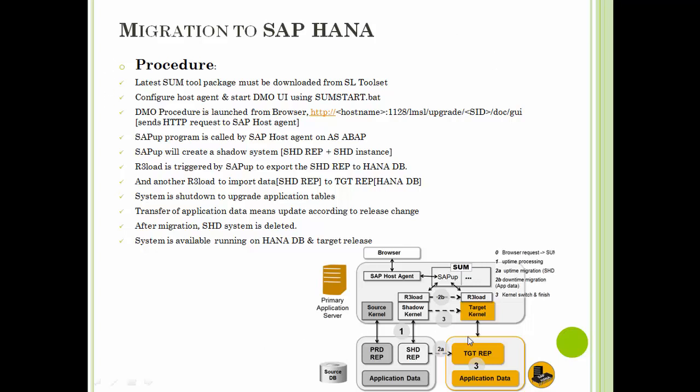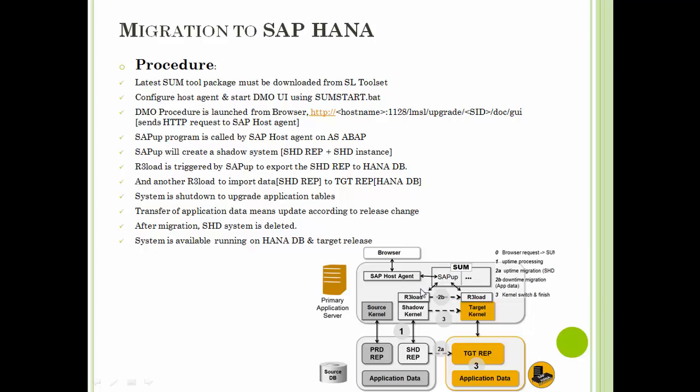And this SAP program is called by the host agent. If you see here, when we launch the browser, it sends the HTTP request, which initiates the SAP program, which is a part of SUM tool. And this SAP program will call the R3load programs, R3load kernel programs.